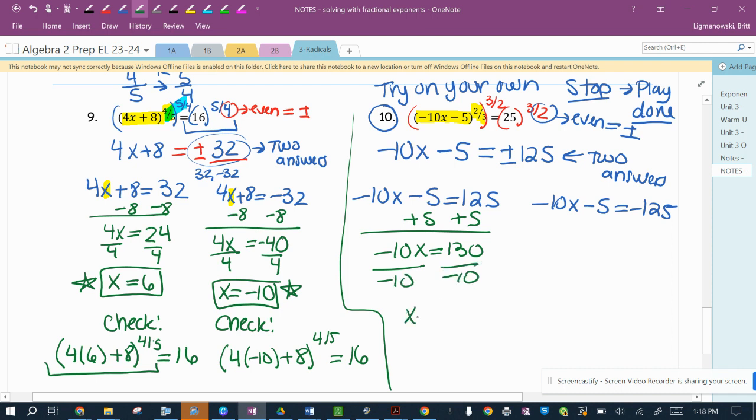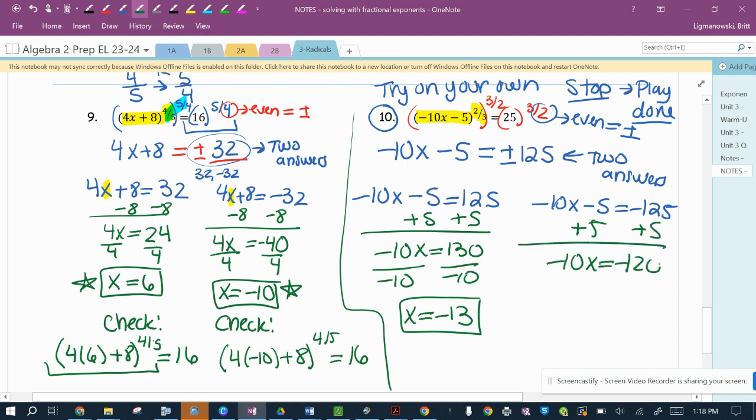Divide by negative 10, with negative 13. Then we'll do the same thing on this side. And this time we have a negativo and a negativo, so we're going to get positivo 12, positive 12.